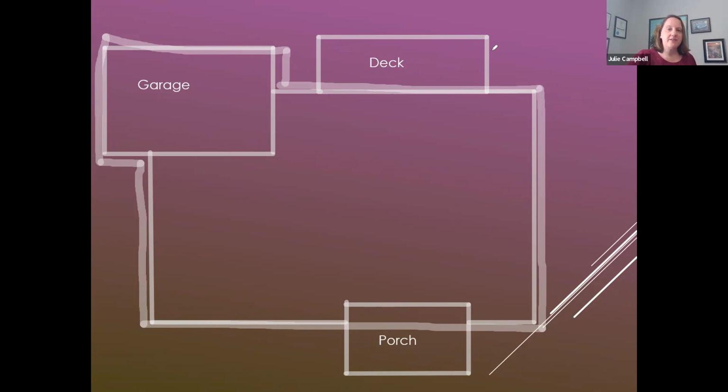Once you do that, then you have to go inside and deduct the space that doesn't count. So once we get the total heated square footage of the outside, then we go inside and we deduct the garage and we deduct that portion of the porch that doesn't count.